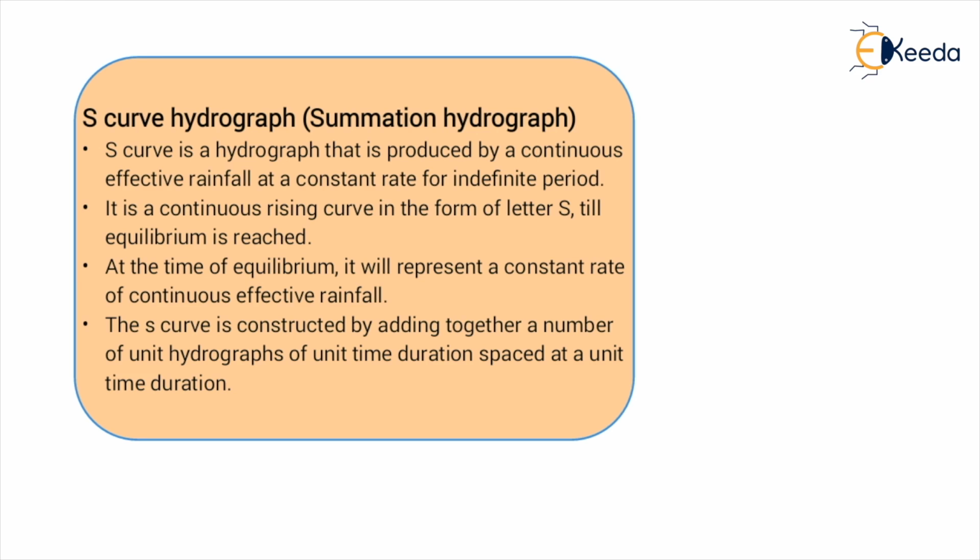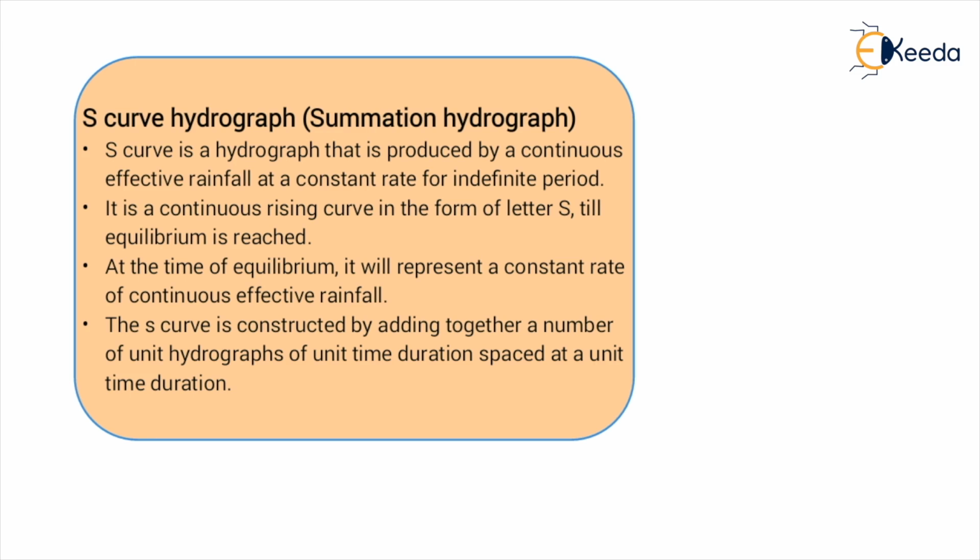So he gave certain assumptions, and the unit hydrograph theory relies on these assumptions. After this, we can successfully apply the unit hydrograph theory and derive the flood hydrograph ordinates as well as the direct runoff ordinates.